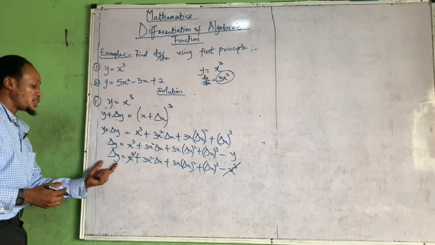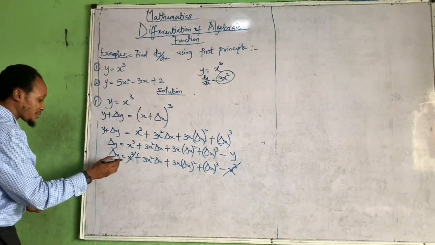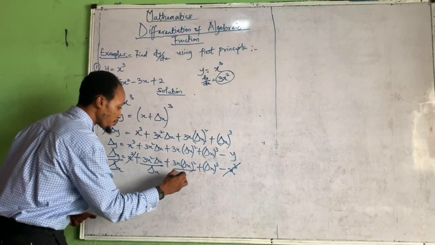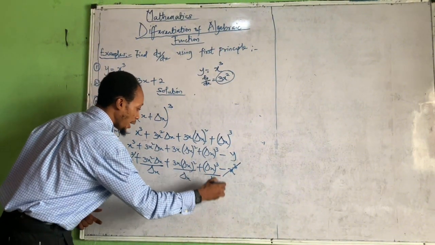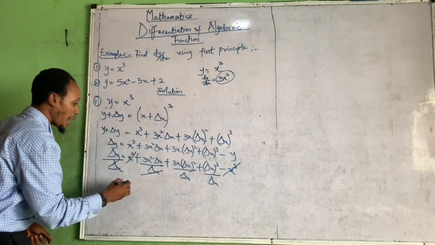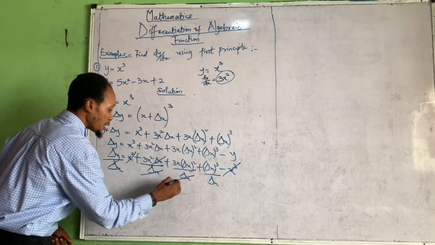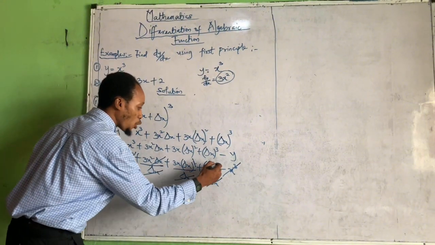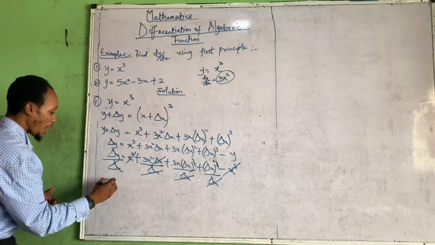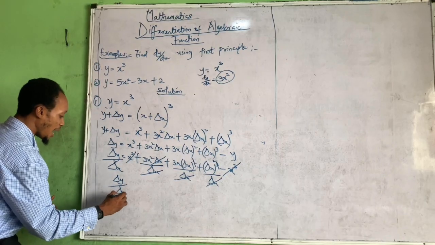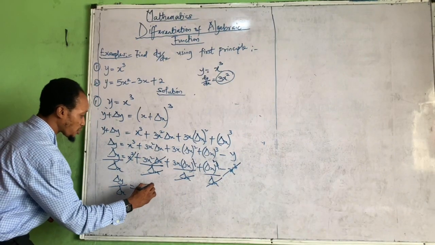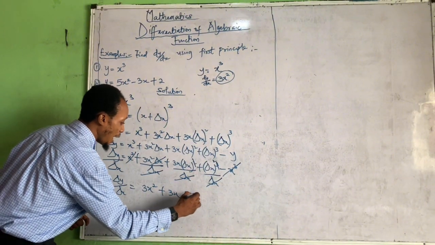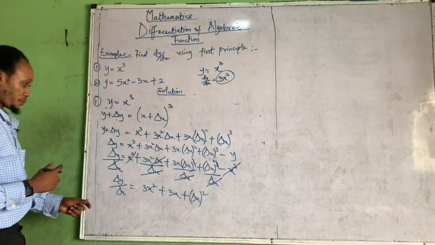Now the next thing is you divide all through by delta x. Delta x here goes into delta x here, delta x here goes into delta x here and remains 1, delta x here goes here and remains delta x squared. So we have delta y over delta x equals 3x squared plus 3x delta x plus delta x all squared.